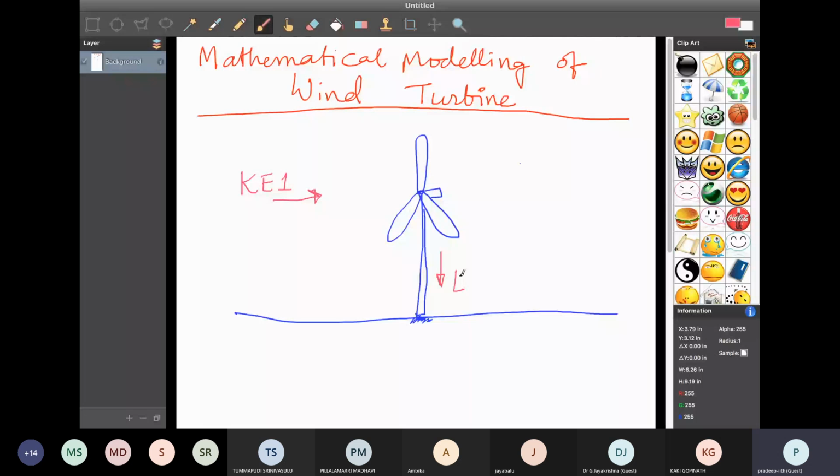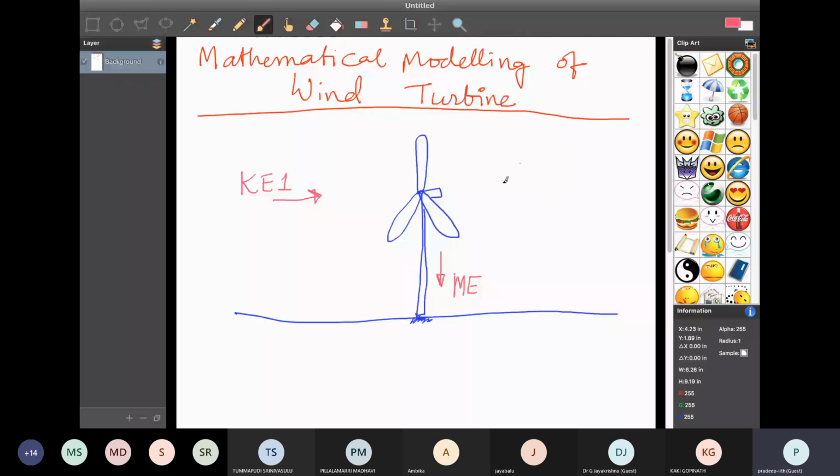In fact, I'll write it ME, mechanical energy, not worrying about the generator. So finally the output will be the mechanical.